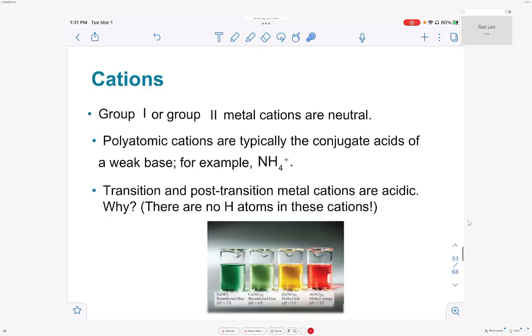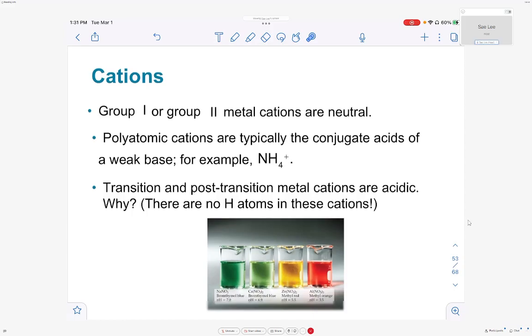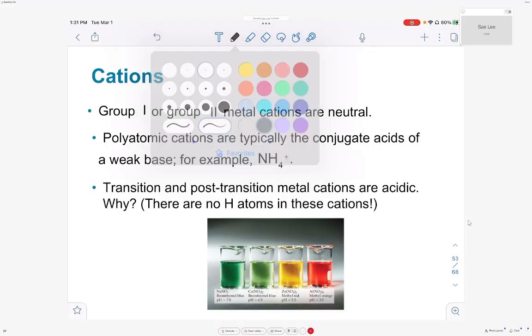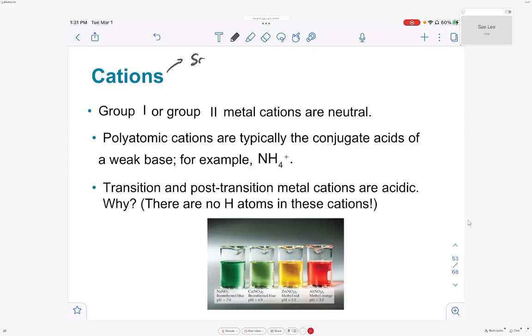All right, let's take a look at any salts containing cations. Okay. Firstly, salts containing group 1 and group 2 metal cations are going to be neutral. Okay.